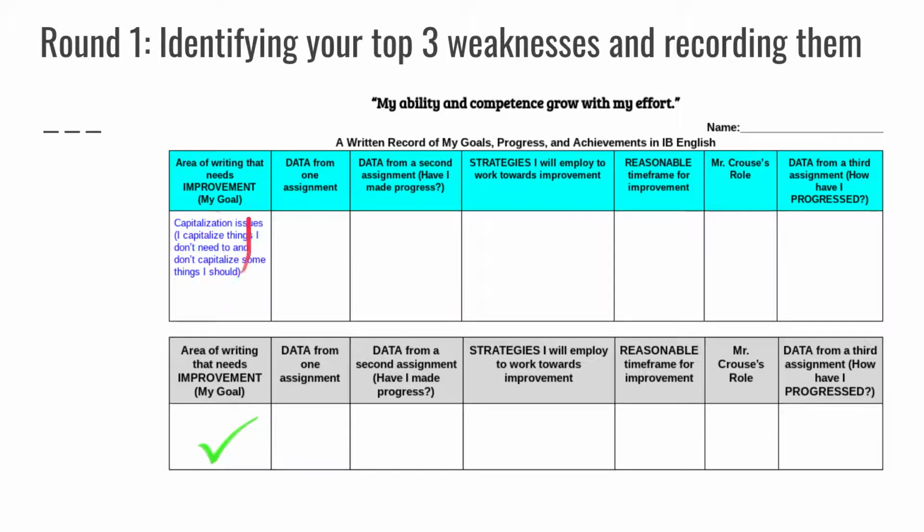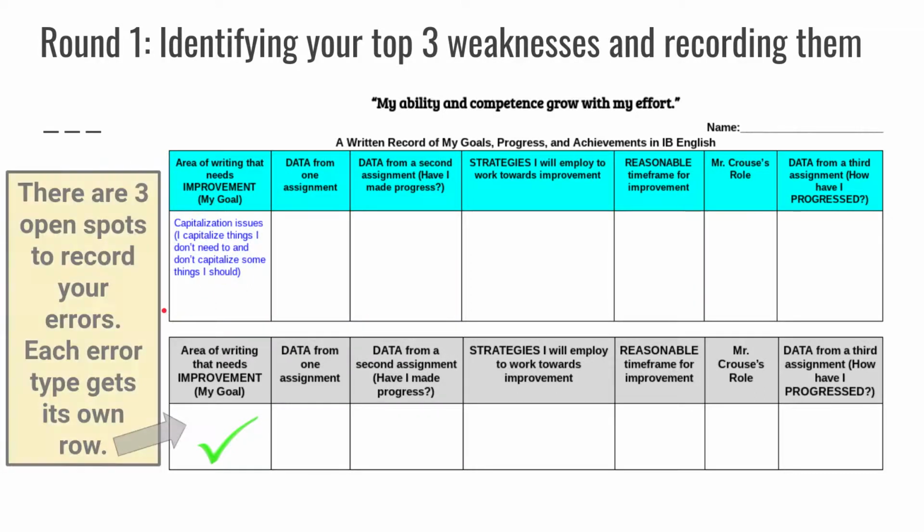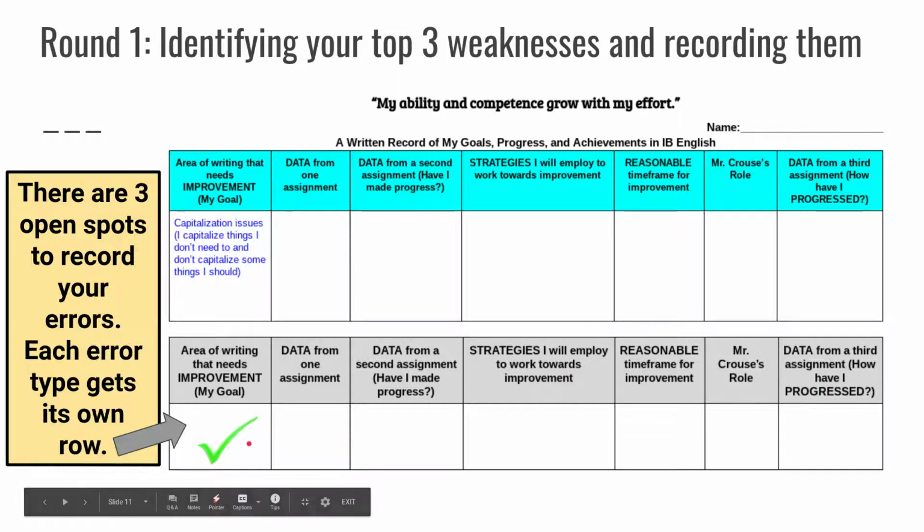So just writing the error type and then what the issue seems to be there. You have 3 spots to do that, so there's 3 rows that are open to you for filling that in. All you're doing is filling in that first box in each of those 3 rows.